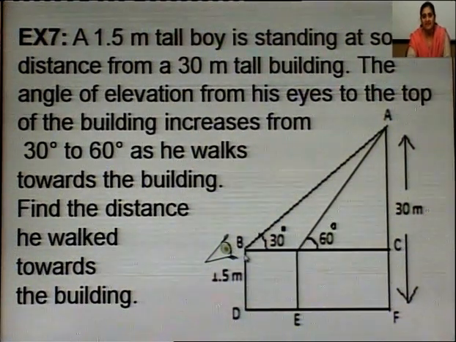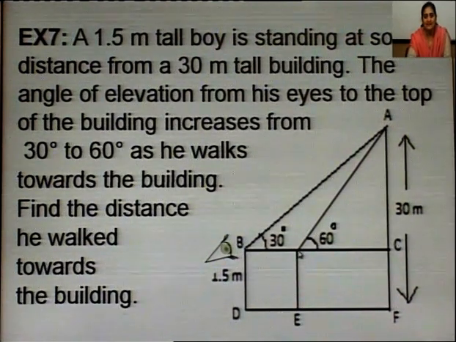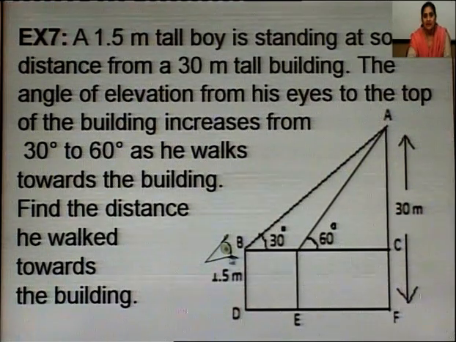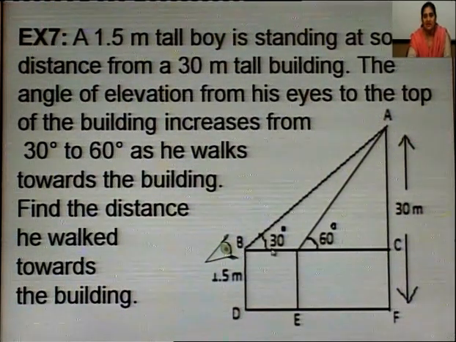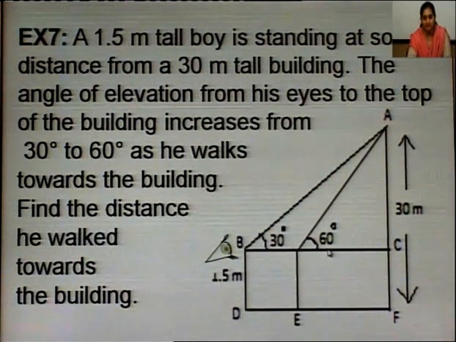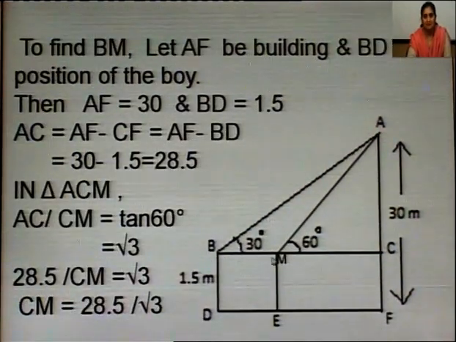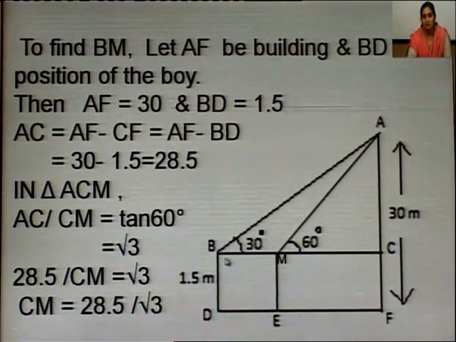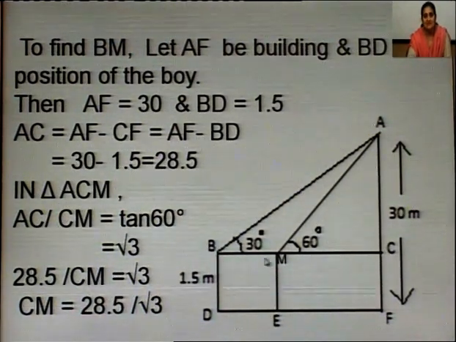We have to find the distance from B to the point where the angle of elevation has changed from 30 degrees to 60 degrees. So we have to find distance BM.